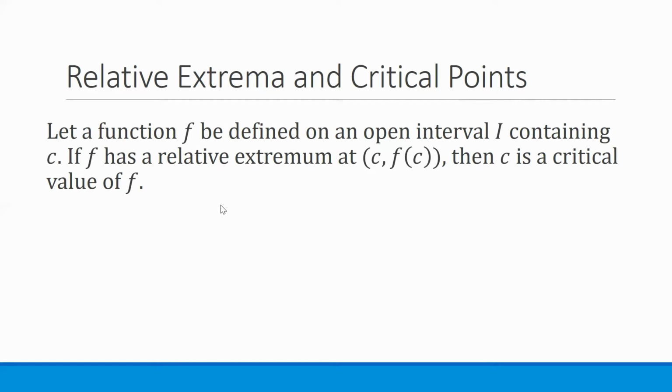There are critical points that are not maximums or minimums. But what we're saying is that if there are maximums or minimums, then they happen at critical points. I hope that makes sense. All the maximums and minimums are critical points. However, there are critical points which are not maximums and minimums.